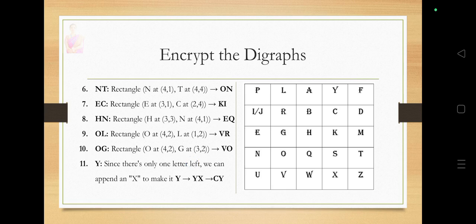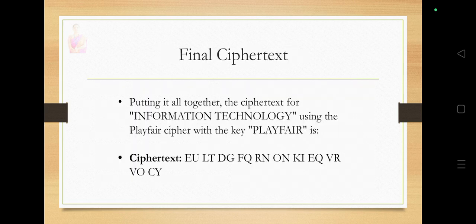So what will be the final output? You just take all the cipher text received in the previous slides, that is EU, LT, DG, FQ, RN, ON, KI, EQ, VR, VO, CY, right?